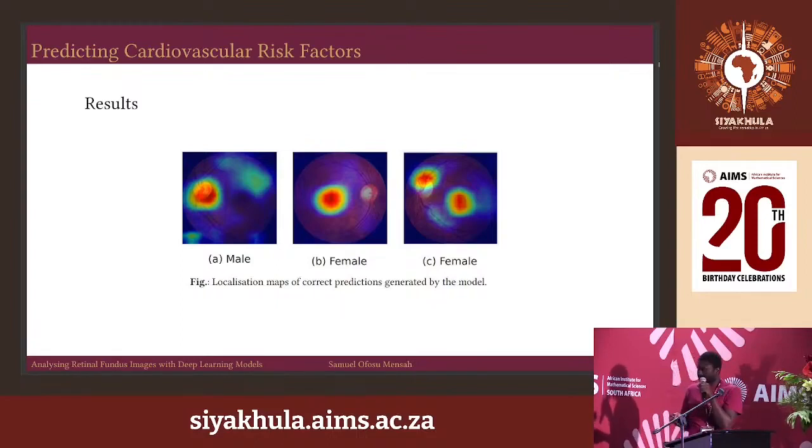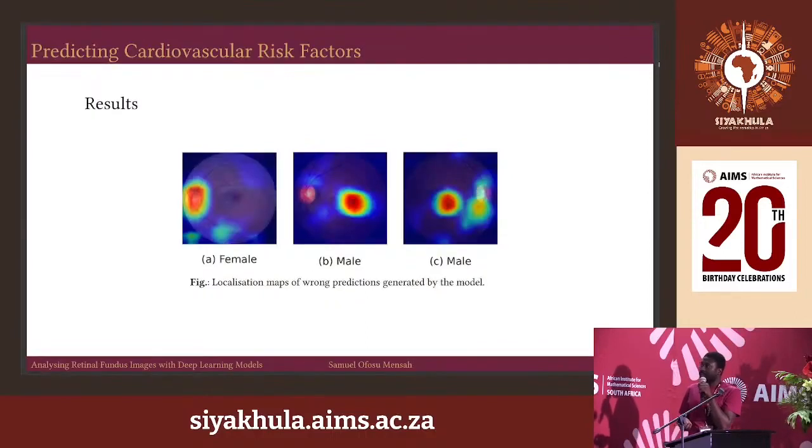So we just wanted to see how it is when we get an incorrect prediction. In this example, the ground truth for this image is a female, but the model predicted it as male, and we see that the corresponding heat map is on top of the optic disc.